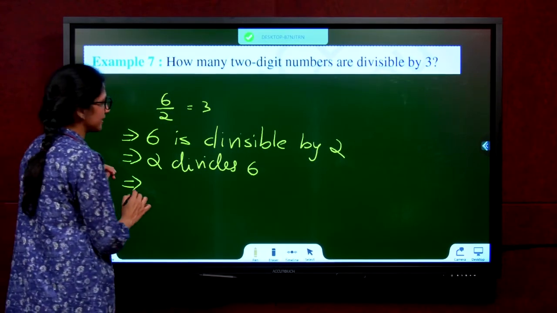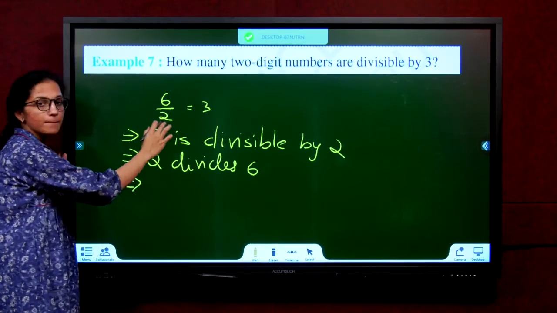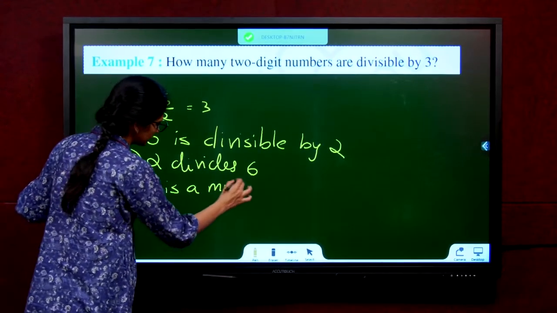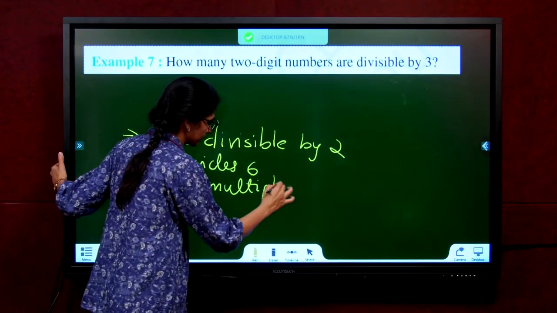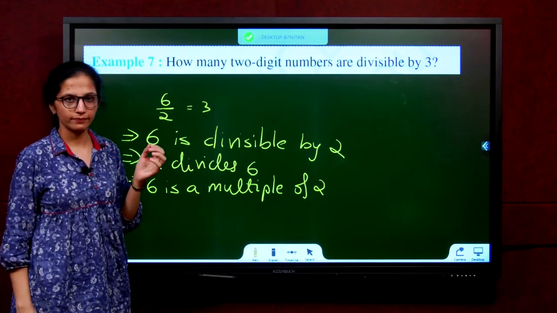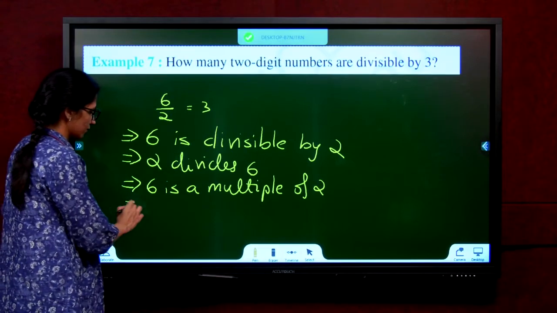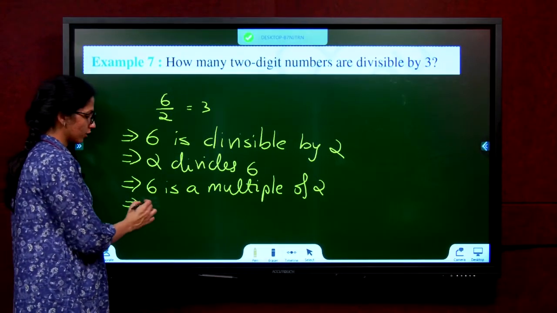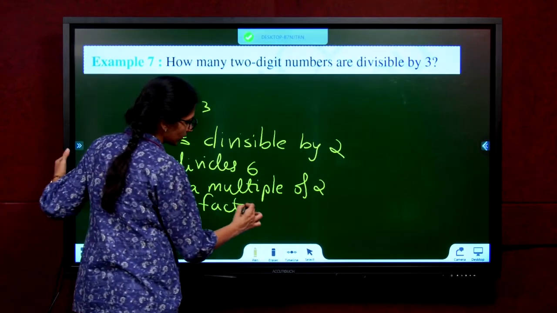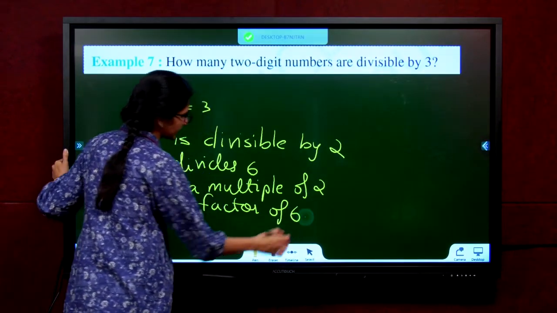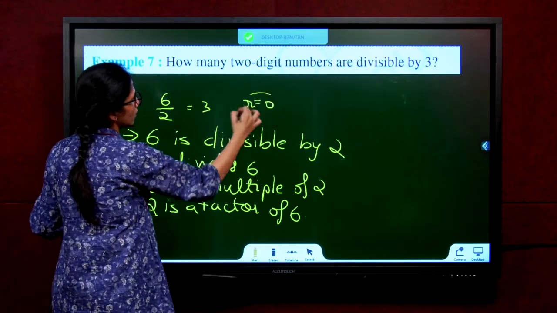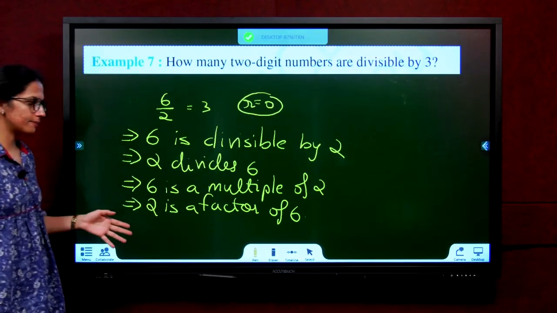This can also be written as 6 is a multiple of 2. That means if you keep multiplying 2, you will reach 6. Next, this can also be written as 2 is a factor of 6. So when you divide two numbers and you get remainder 0, all these statements mean the same.